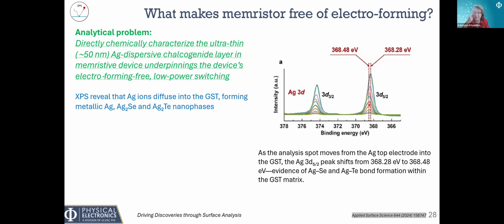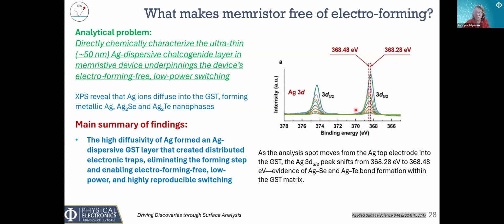So there are nanophases of silver with selenide and telluride that are being formed due to the dispersive diffusivity of silver. This high diffusivity of silver creates distributed electronic traps that eliminate that forming step. So we already have those conducting pathways for highly reproducible switching.